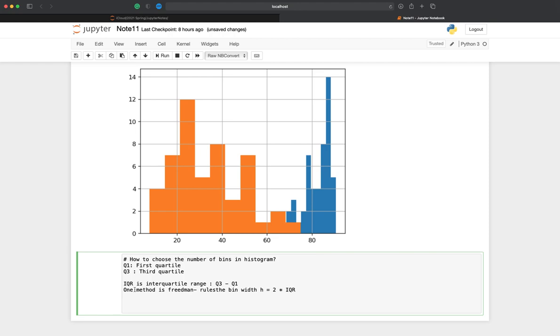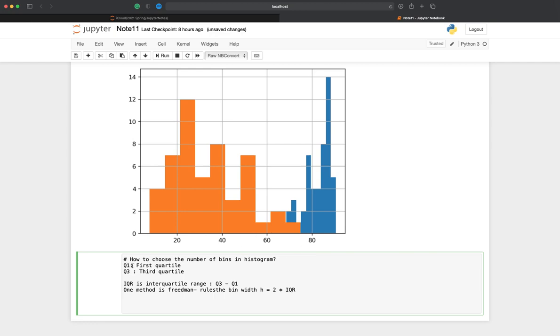When I say the left side of Q1, it means starting from the minimum, right? And then the median is the midpoint. Then Q1 is somewhere between the minimum and the median, right? And right after the median, about halfway between the median and the maximum, we will have Q3.